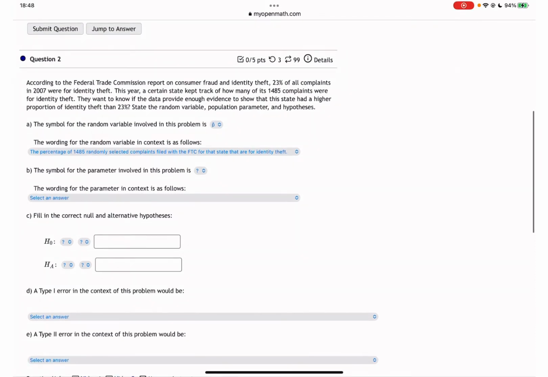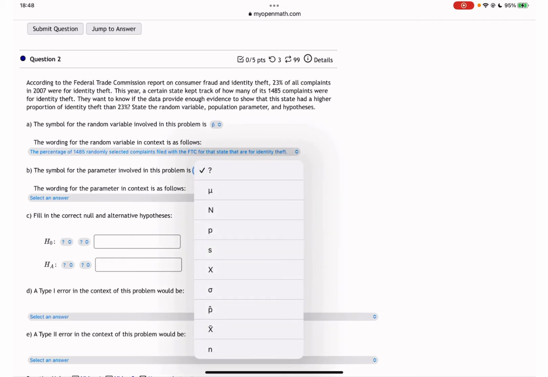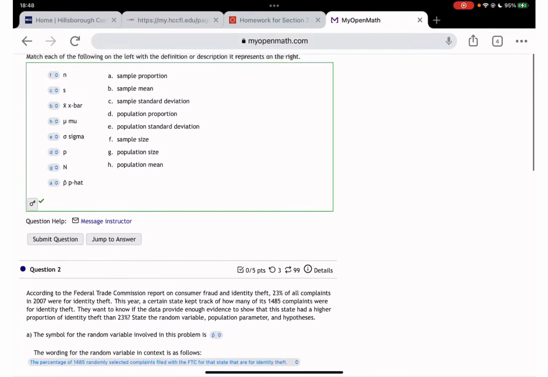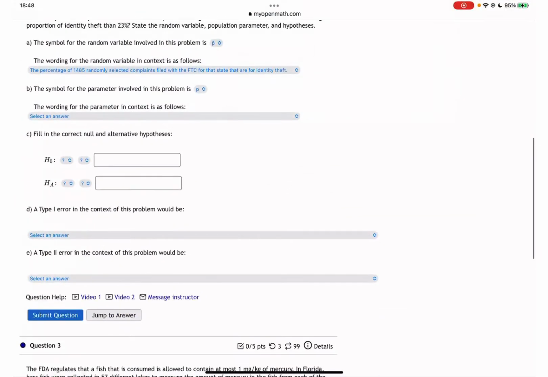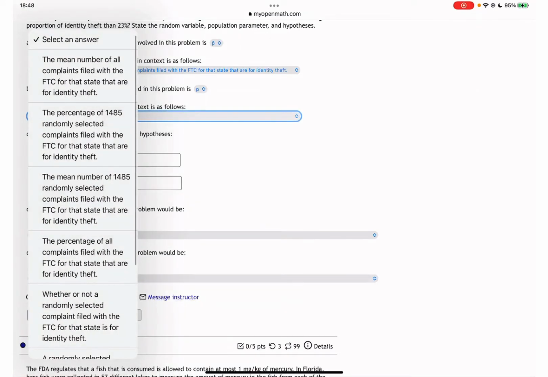Next, the symbol of the parameter involved. A parameter is a characteristic of the population, so it's going to be P. Remember, P is a proportion for population, P hat a proportion for sample. And by wording meaning, let me see which one it is.